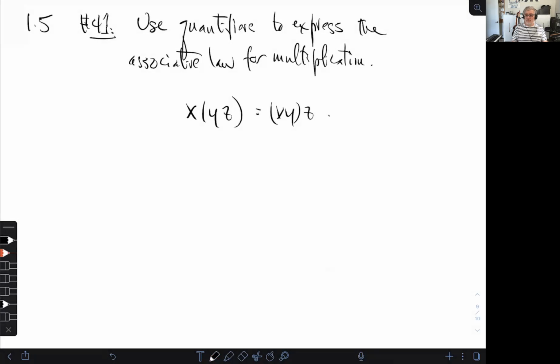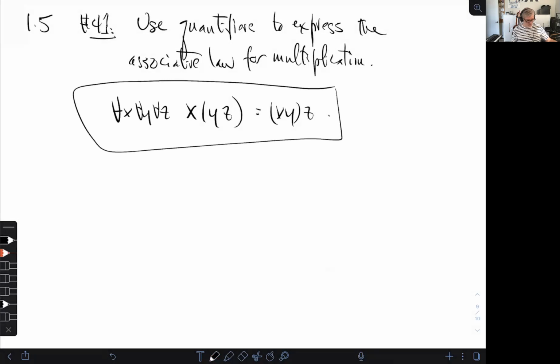This is not even a proposition, right? So the right way to write this is: for every x, for every y, for every z. This is the correct associative law for multiplication if the domain is, let's say, the real numbers. So this is true for all possible choices of x, y, z. This is not the hardest exercise in the book, by the way.